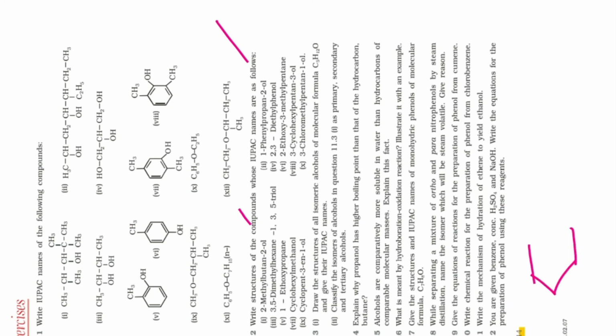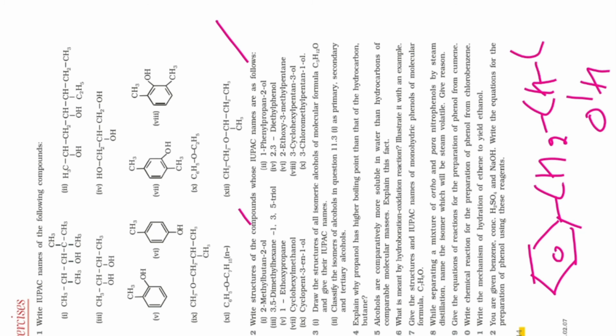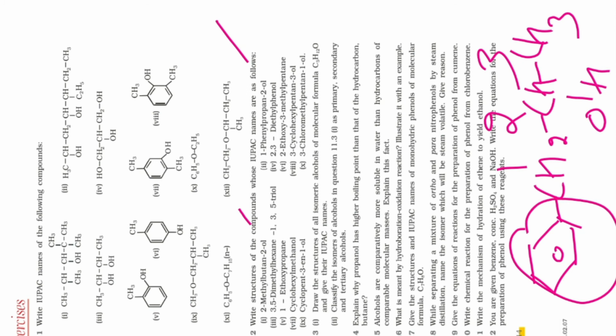Phenyl means, see all of you, 1-phenyl propane 2-ol. 1 2 3. 1 पे क्या है? Phenyl propane 2-ol. I hope you are getting my point.